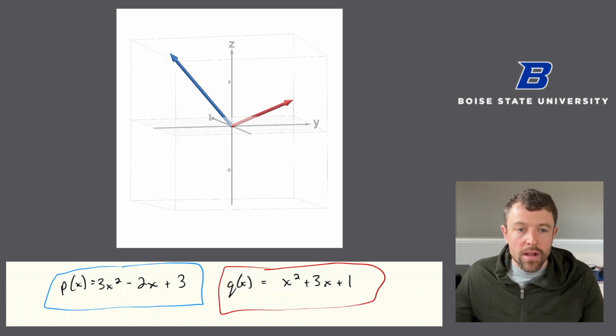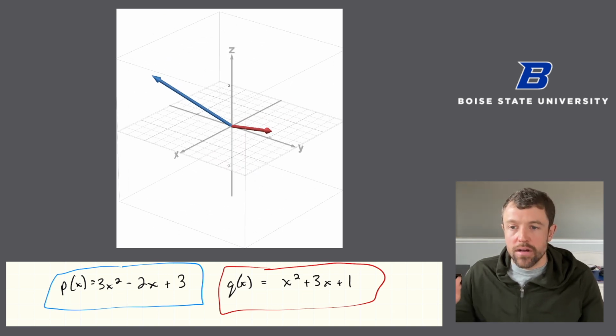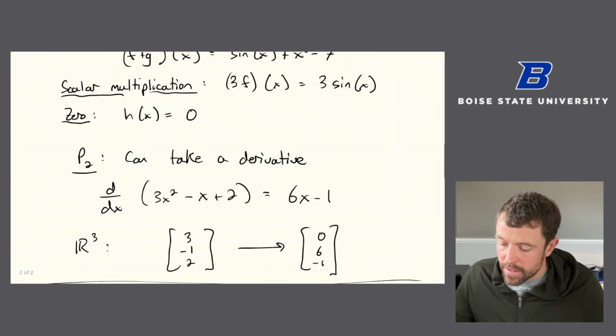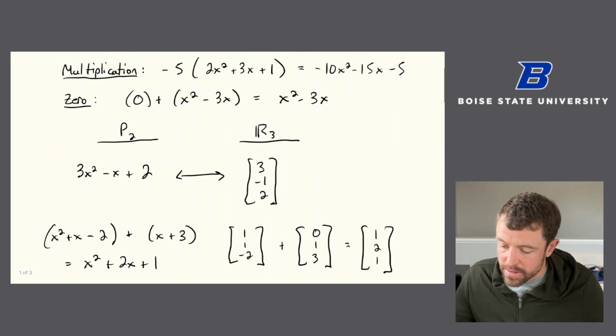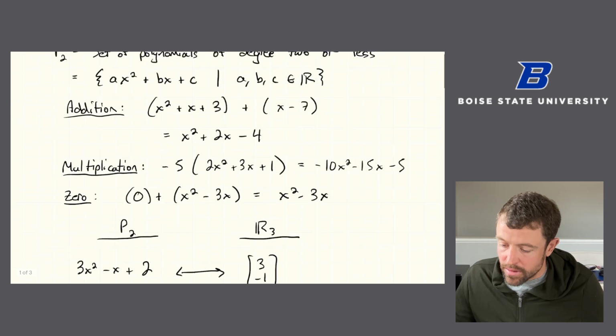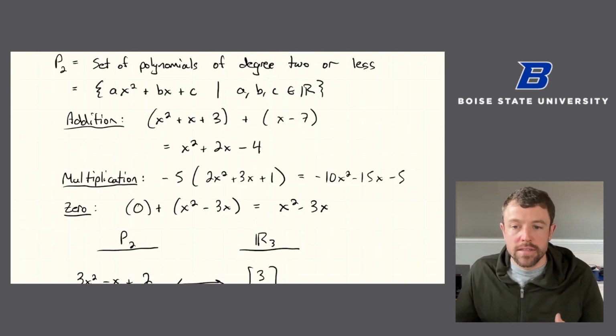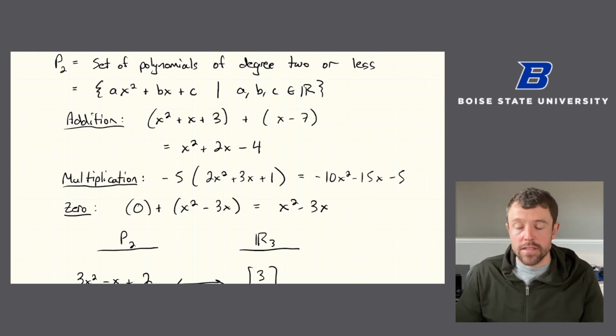And so all of this to be said, it is going to be incredibly useful for us to be able to think of this vector space P2 as something that in some senses is the same as R3, but in other senses is not. That's really what we mean when we talk about these other vector spaces.